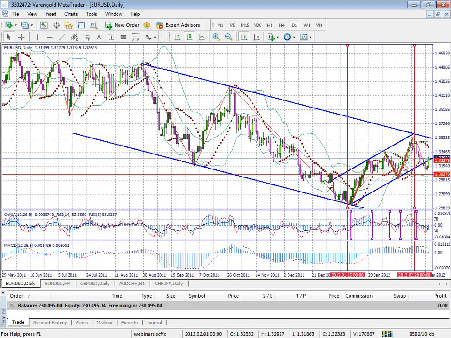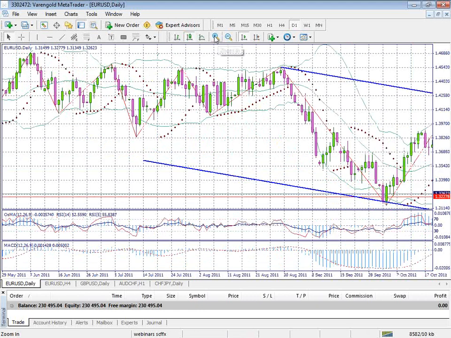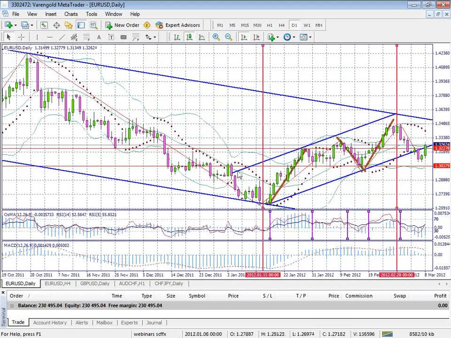On this small trend, more visible on the 4-hour chart, we also have 1 point and the second. When we have this reverse, we have the channel. So here the price reversed.